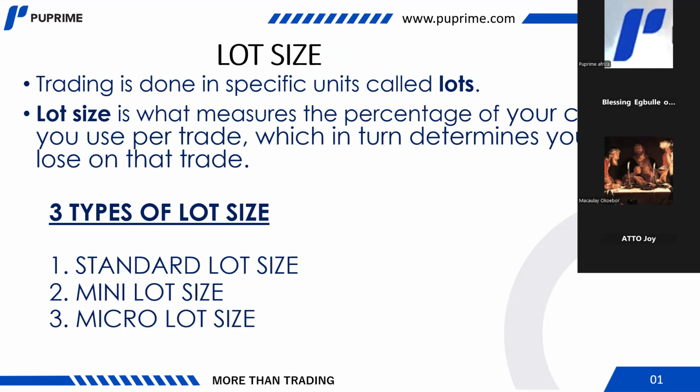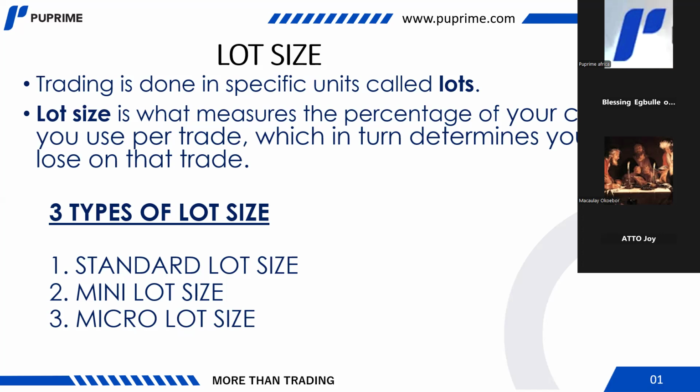Trading is done in specific units called lots, and lot size measures the percentage of your capital that you use per trade. People always ask, if I fund $10,000, is it that 5,000 will be taken out and another 5,000 traded? People don't understand how it works. No, nobody pulls out any amount of the capital you have in your trading account.